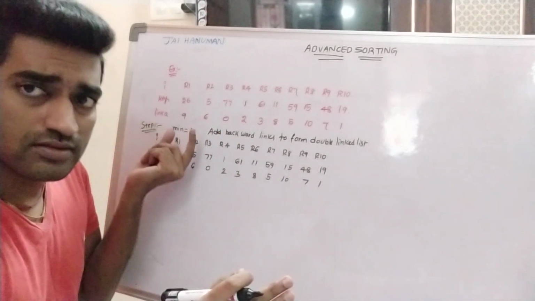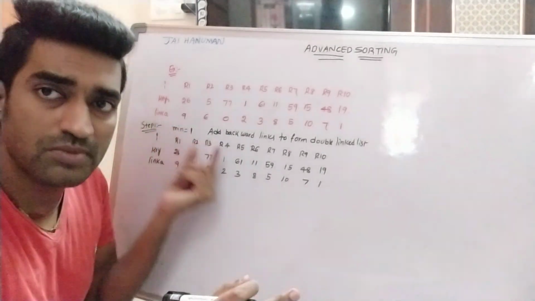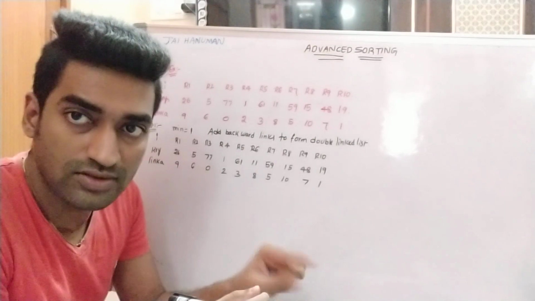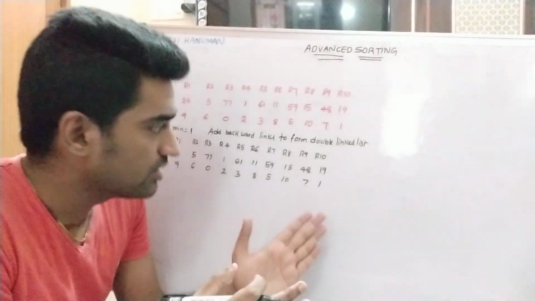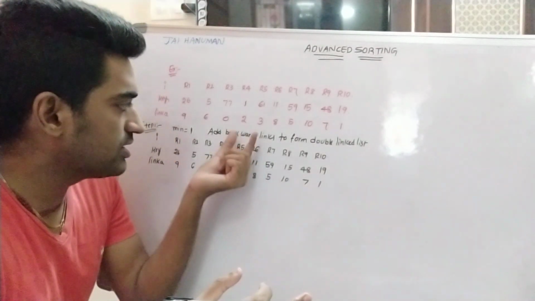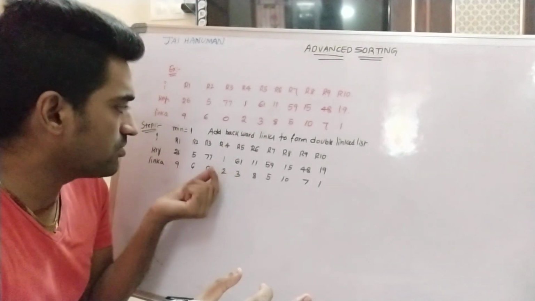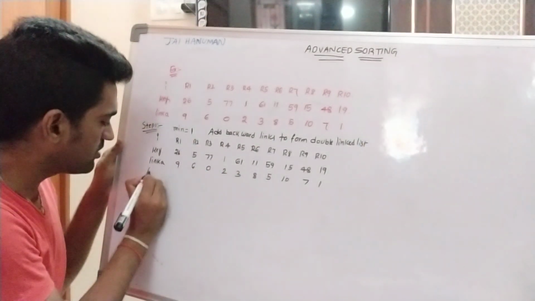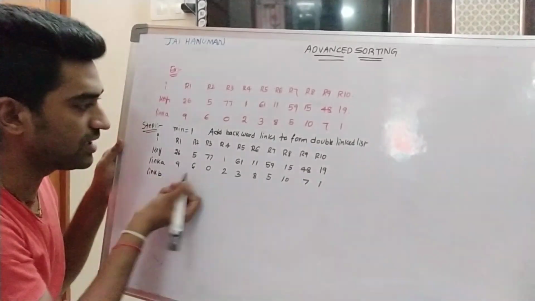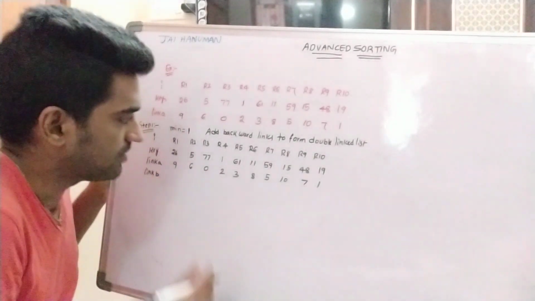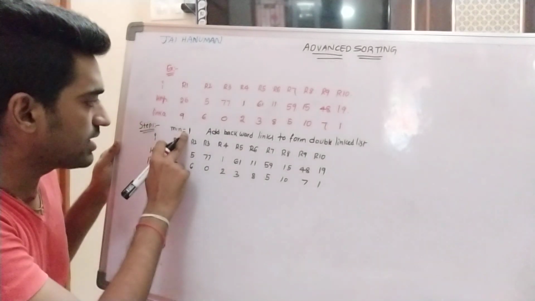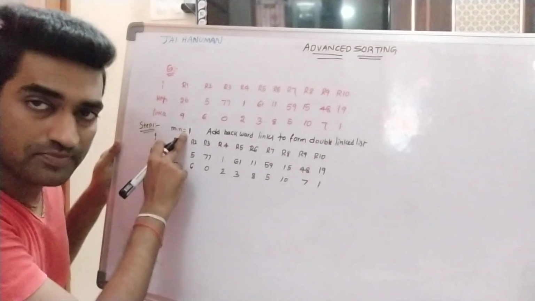So in step 1 we find the minimum element 1. Then we add one more link to form the double linked list. Double link adding starts from the minimum element. One more link can be represented with the help of link B. Link B adding can be started from the minimum element.